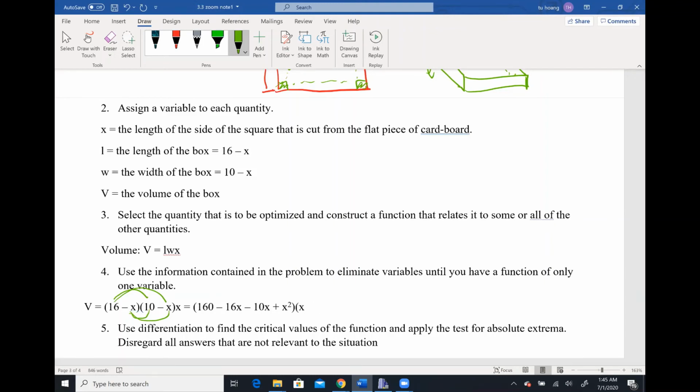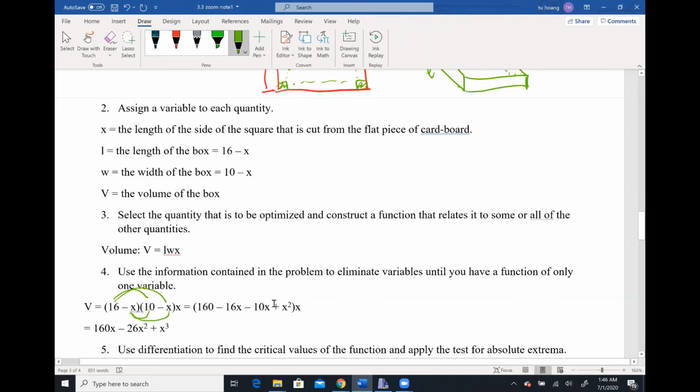Now I finish with the x outside. I have 160x minus 16x squared and minus 10x squared. Oh wait, I can combine these: 26x squared, plus x to the power 3. So it's V.